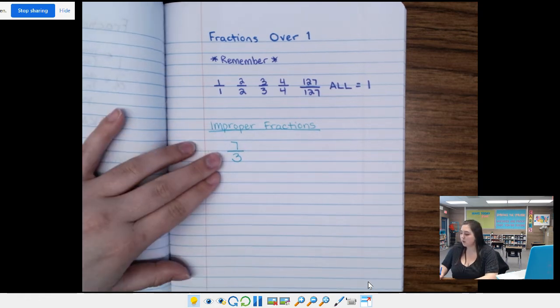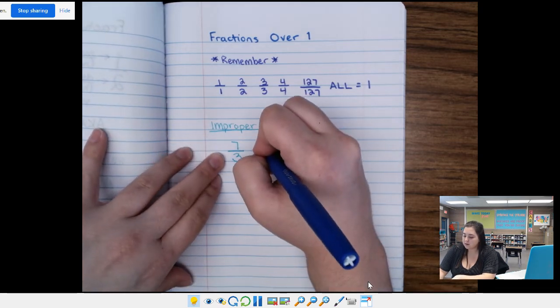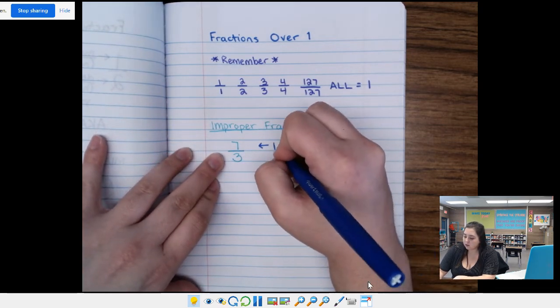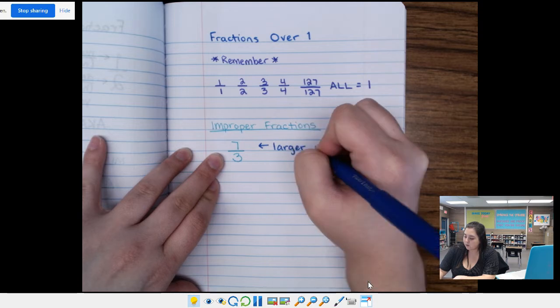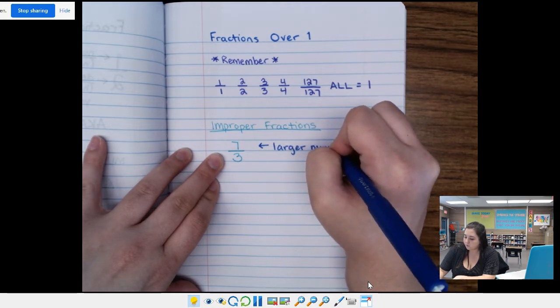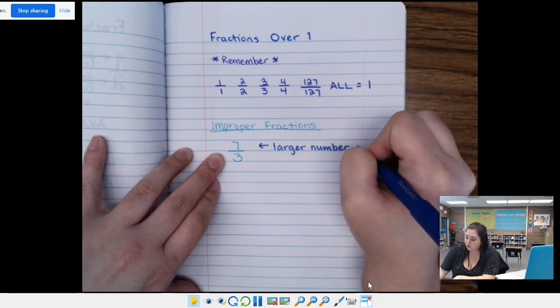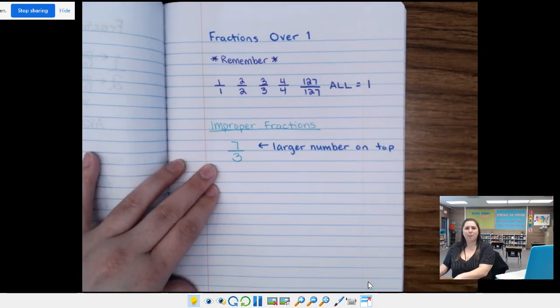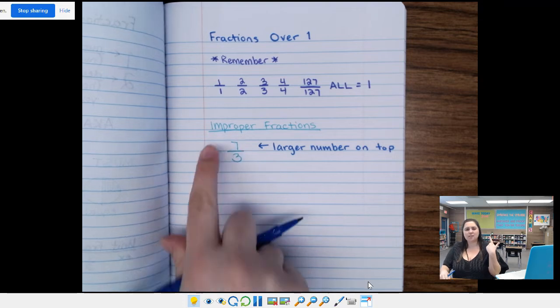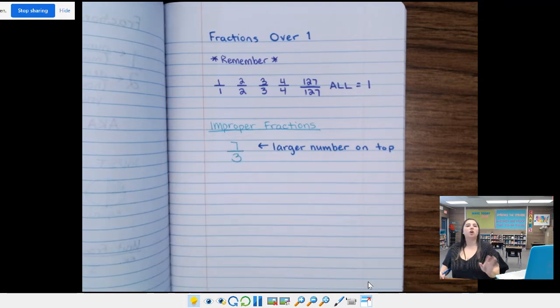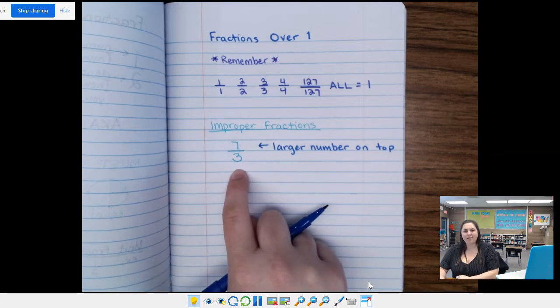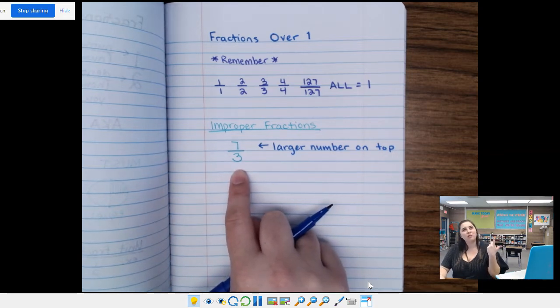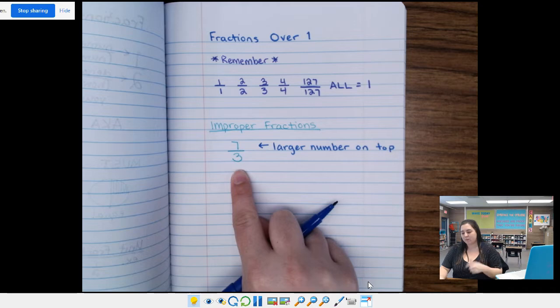And this is improper because it has a larger number on top. That's what makes it improper. And honestly, I think of it because improper means like it's not right. That's so improper. And when I think of 7 thirds, it's really hard for me to envision what that looks like.